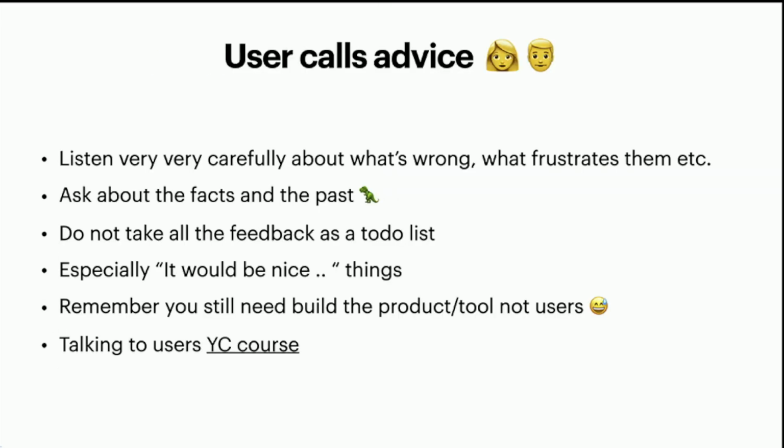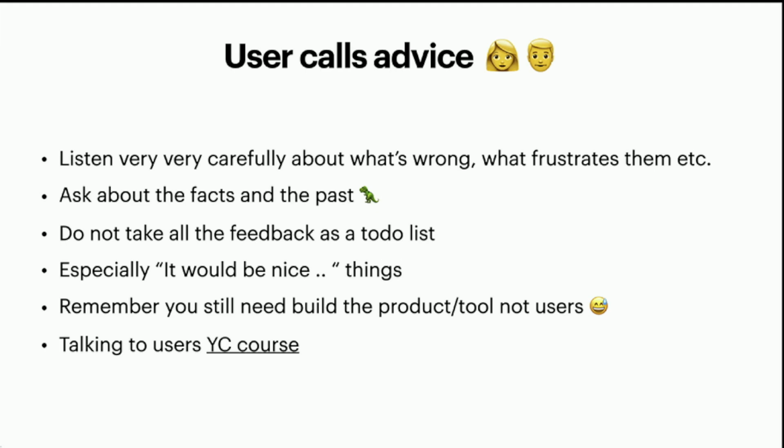Okay, and now, assuming that you have set this up, what should you do in the interview? Most of all you want to know people's emotions, what they are frustrated about, what they are lacking, not in terms of integrations, but, say, frustration about a lack of a dashboard. And you also ask specifically about facts and the past. That's the most important thing, what they actually do with it.